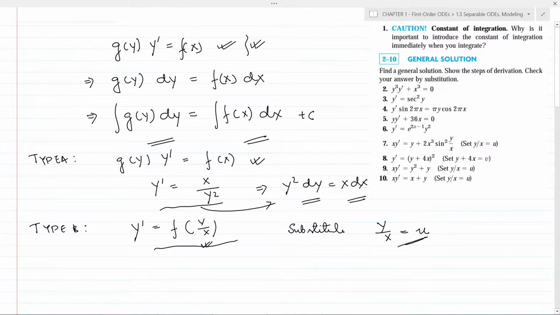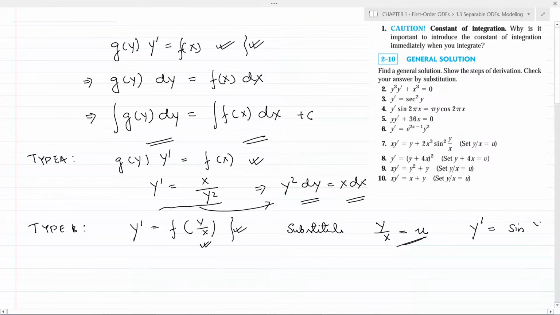Substituting y by x is equal to u, we can obtain a separable differential equation from this form of differential equations. An example can be y dash is equal to sin y by x. These can be reduced to a separable differential equation by substituting u is equal to y by x.